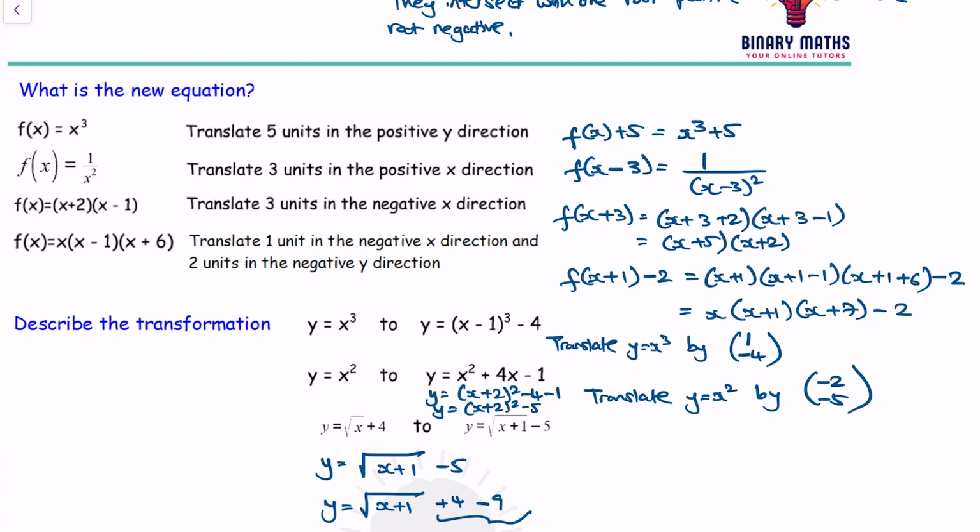Which means this is a translation. So translate y equals root x plus 4 by, because underneath the square root you got a plus 1, the x coordinate for the column vector is minus 1, because it's the opposite. And then because from plus 4 to take away 5, that must be minus 9 in the y coordinate for the column vector. So that is it.